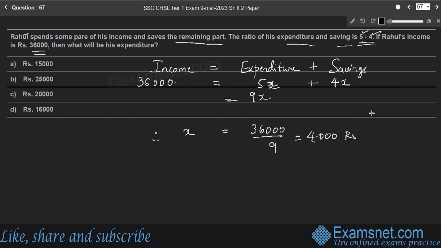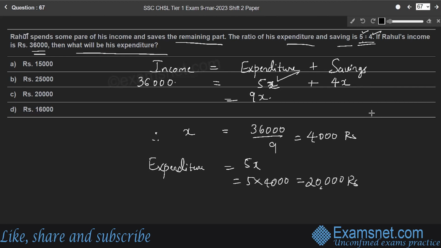Value of x is 4,000. Here the question is, what will be his expenditure? By the ratio, it is 5x, which is 5 into 4,000, which is 20,000 rupees. Therefore, option C, 20,000 rupees is the expenditure of Rahul.